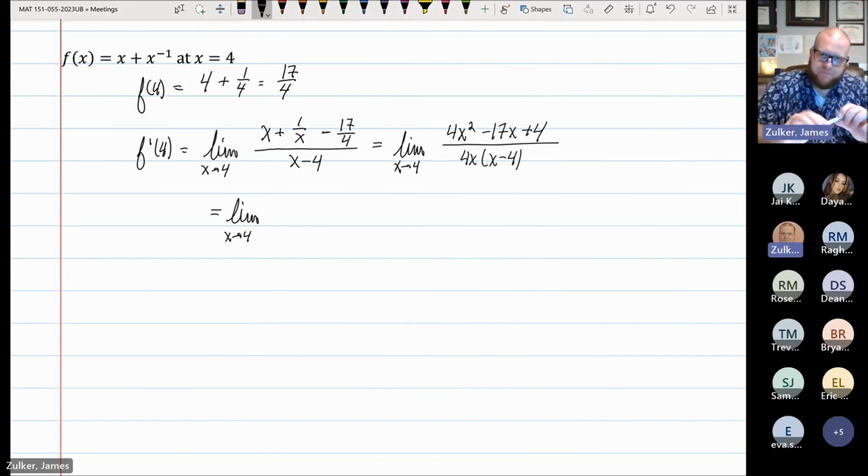This time we can't factor anything out of the numerator. I could theoretically factor out a 1/4. I think I'm just going to leave it though.